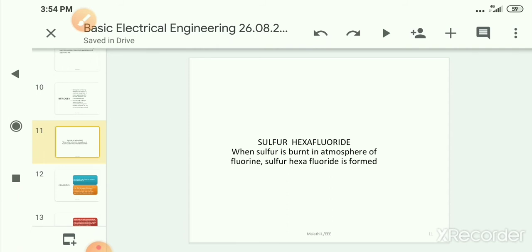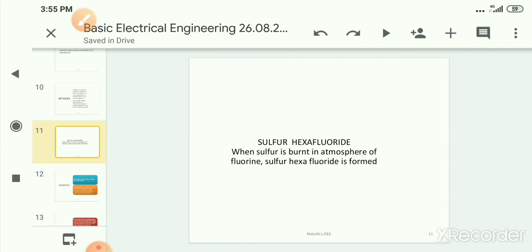After that, the next type of gas insulating material is SF6, that is sulfur hexafluoride. Sulfur hexafluoride is a very outstanding performance gaseous insulating material. It is an electronegative gas and has a strong tendency to absorb free electrons.